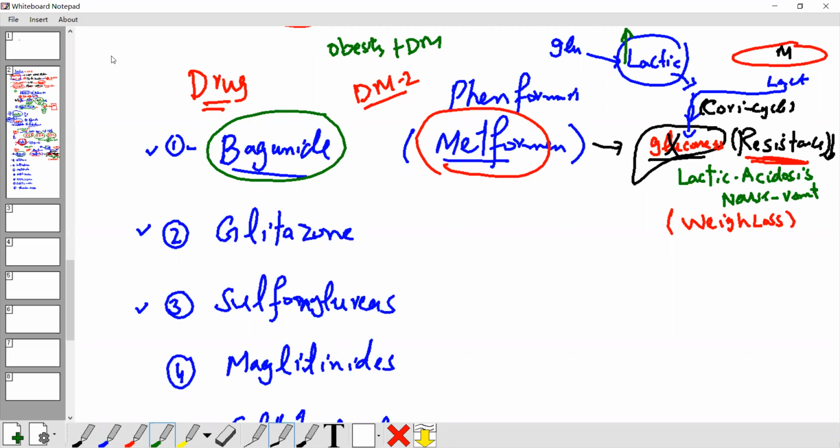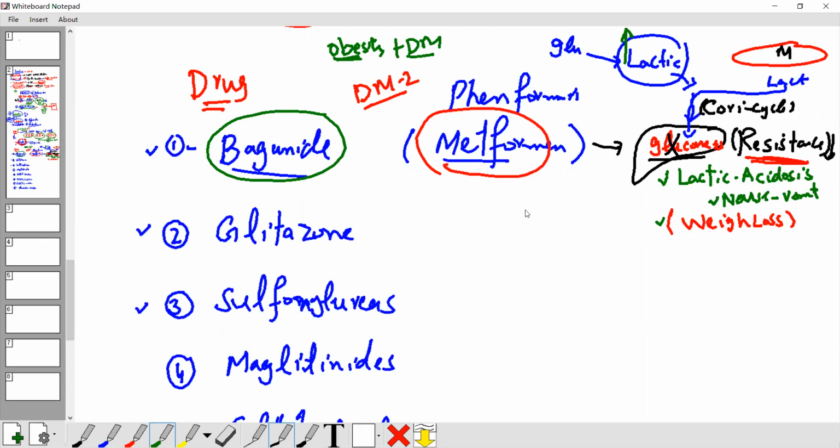So obesity plus diabetes, understand? Because the side effect of metformin is weight loss, I can use this as a beneficial effect. So weight loss is a side effect, but you can use it in obesity. If a diabetic person is also overweight, you can use metformin. The side effect nausea, vomiting. The side effect lactic acidosis. And the third side effect, weight loss. This is all about your metformin.